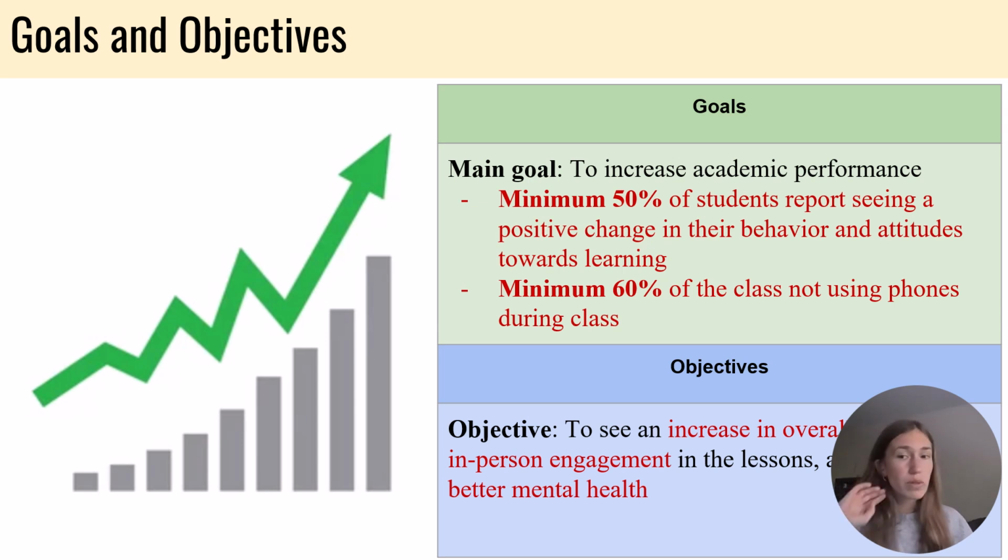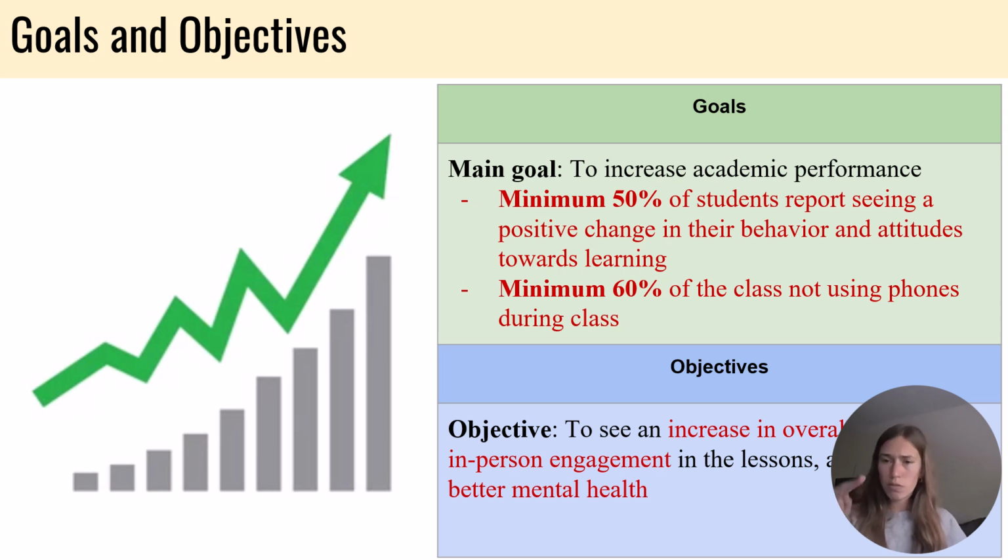Some students are going to react differently as opposed to other students. So the main goal is to see an increase in academic performance, but the overall objective, you want to see an increase in grades, you want to see more engagement, and just overall better mental health. If you're feeling better, you're going to perform better, and that's really what's most important for my students.